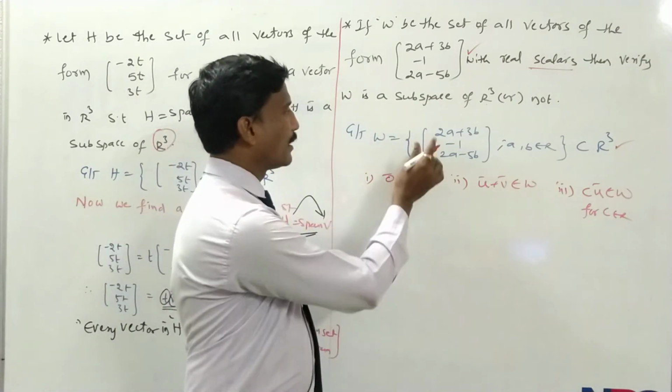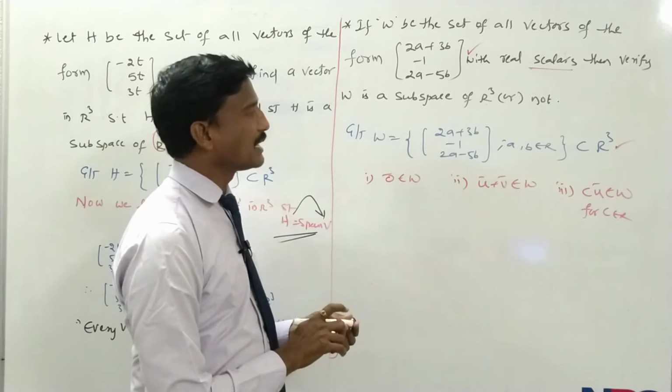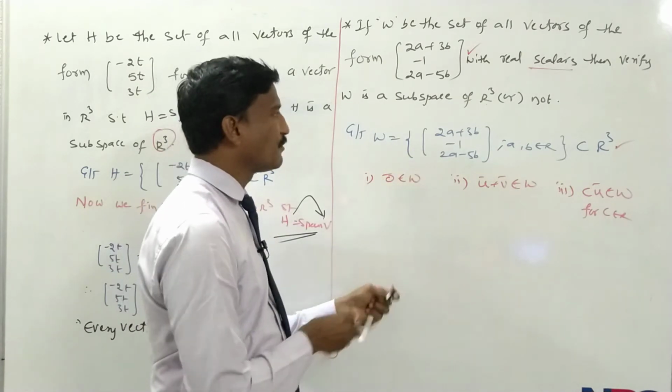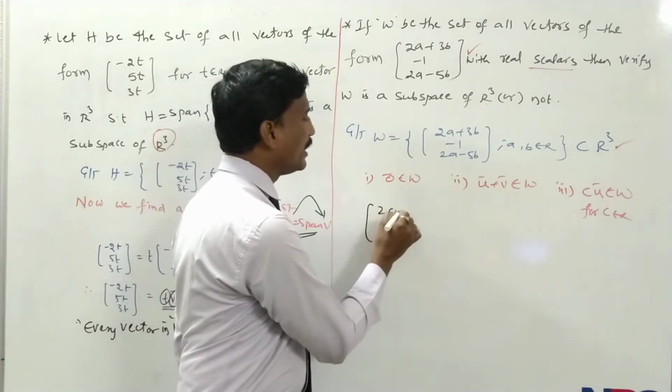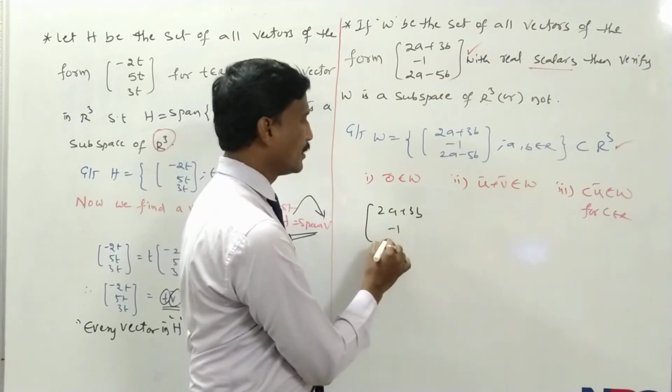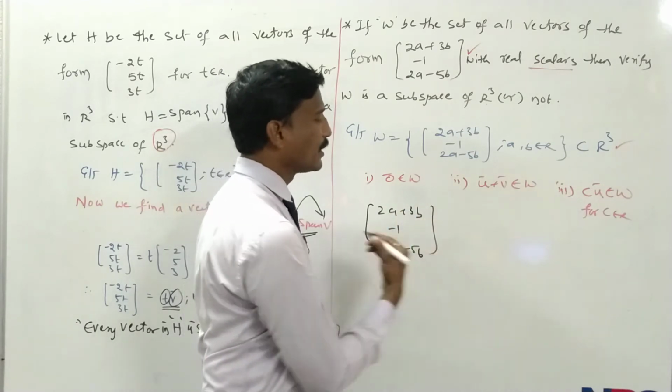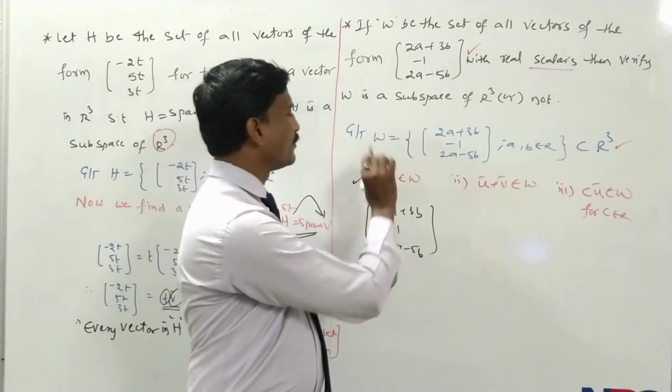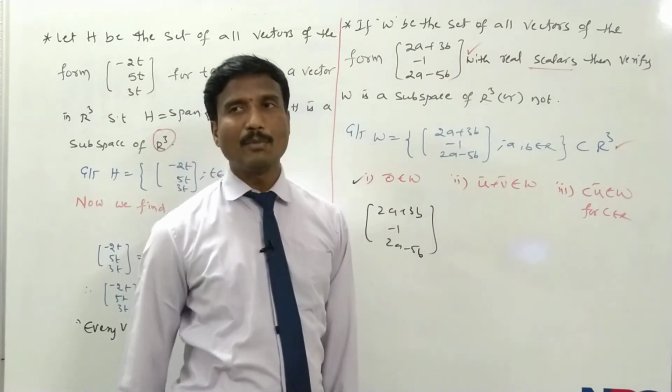Suppose every vector in W is in the form (2a + 3b, -1, 2a - 5b), where a, b are real scalars. I will verify the first condition, whether 0 bar belongs to W or not.